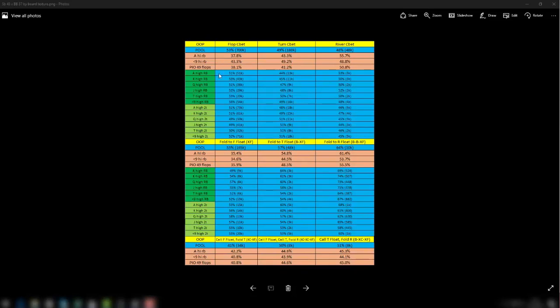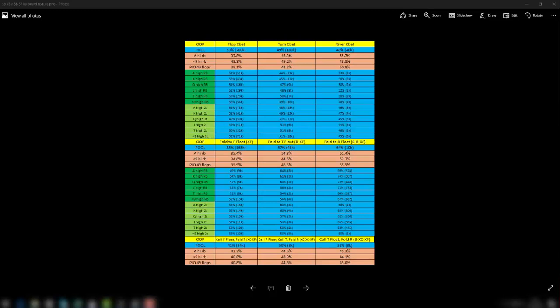Below in the grid, I've got the textural data for the pool's responses for ace-high rainbow boards, king-high rainbow boards, less than 9-high rainbow boards, and then the same for two-tone boards. In the Hold'em Manager tutorial, I'll show you how to quite easily capture this information in your reports.